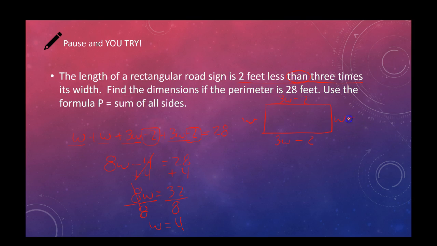So then that would mean your widths are 4, and that would mean your lengths are 3 times the 4 minus 2, which would be 12 minus 2, which is 10. And again, if you see, we got 4, 4, 10, and 10, and that gives you your total of 28.